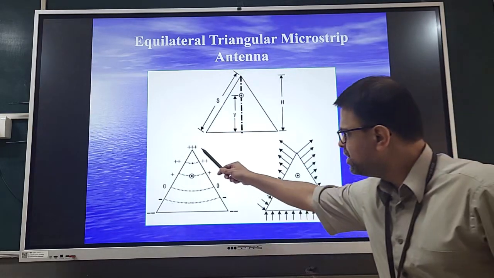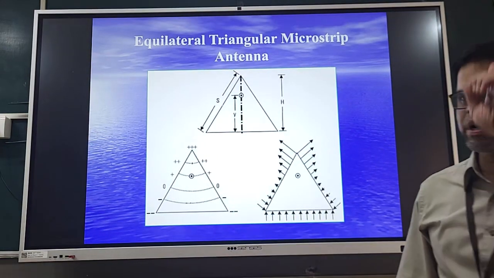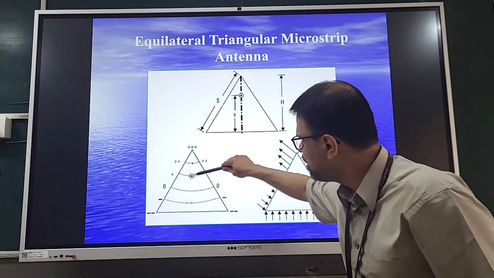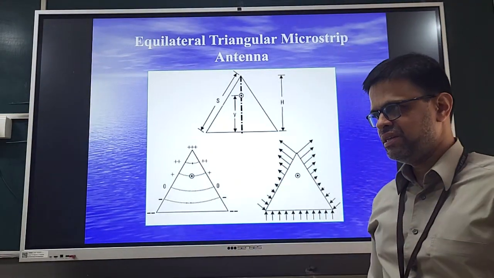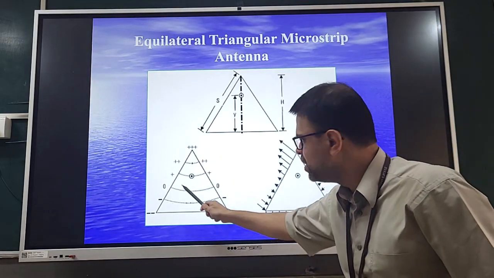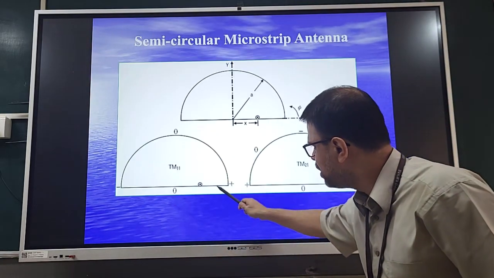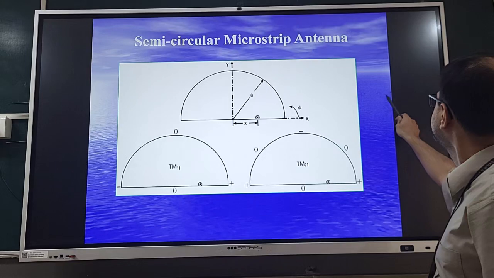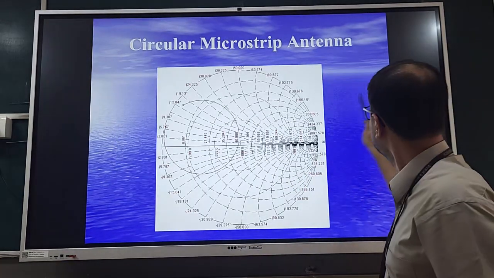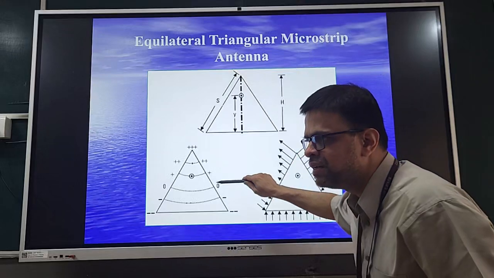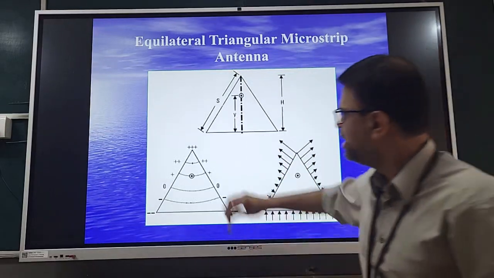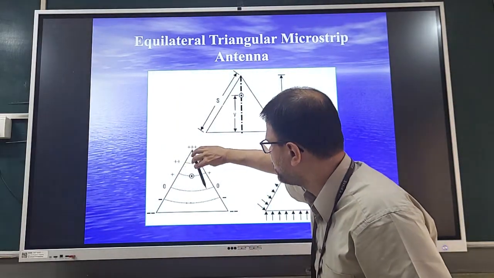Okay, so this is the impedance variation. One more catch over here. Now these dotted structures are equipotential lines. This is the centroid. So equipotential line will go like this. Now that equipotential line is at the same radial distance from the vertex.